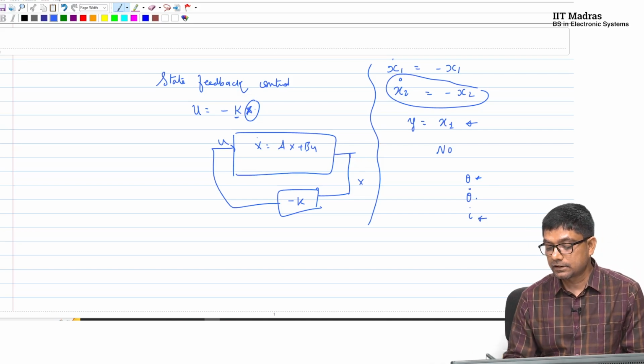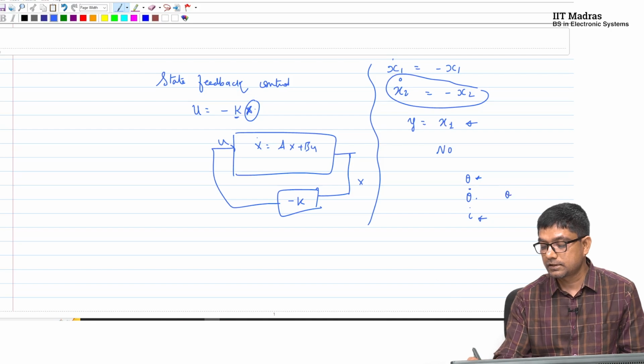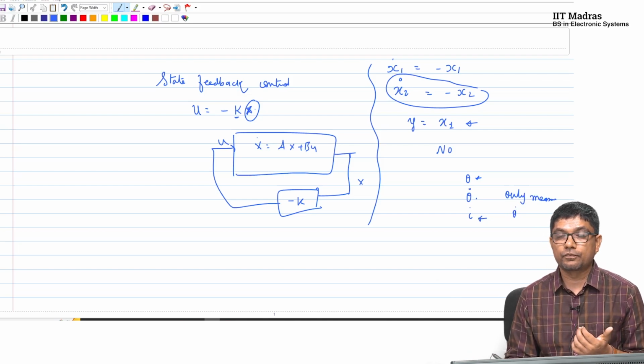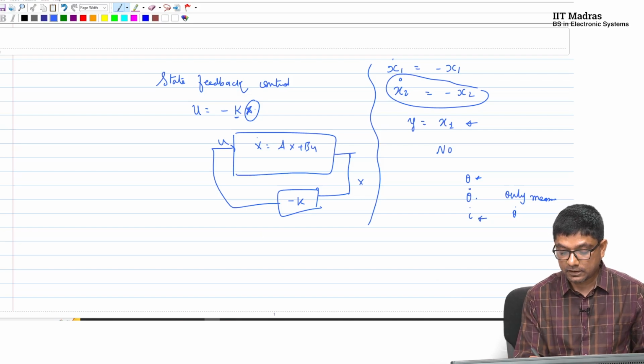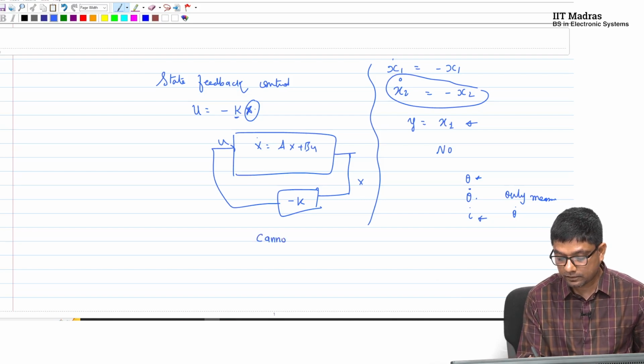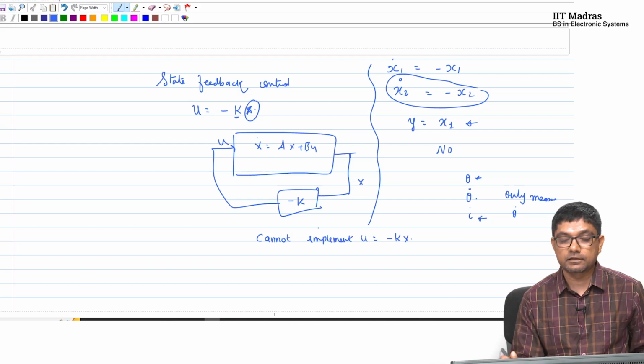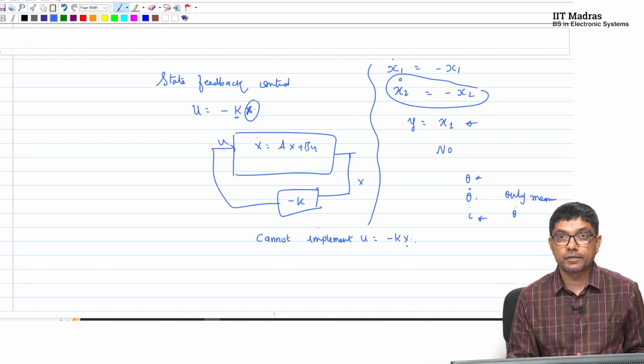But what we see in case of a DC motor is that I can only measure theta dot. I do not have direct measurements of theta or the current, which means I cannot implement u equal to minus kx, because x is not available for measurement.